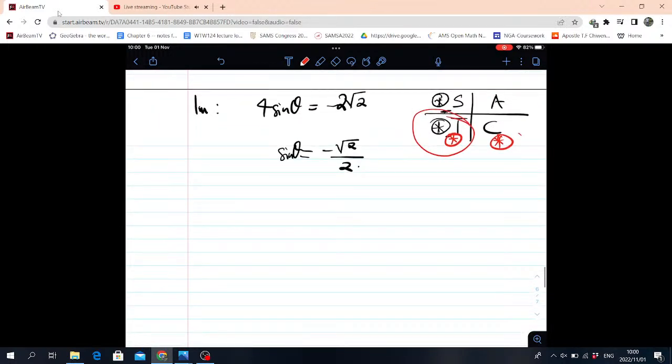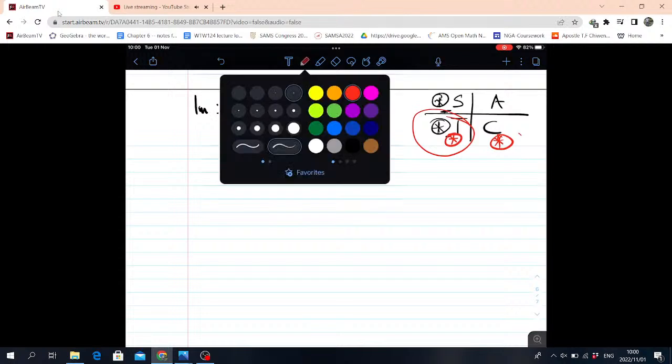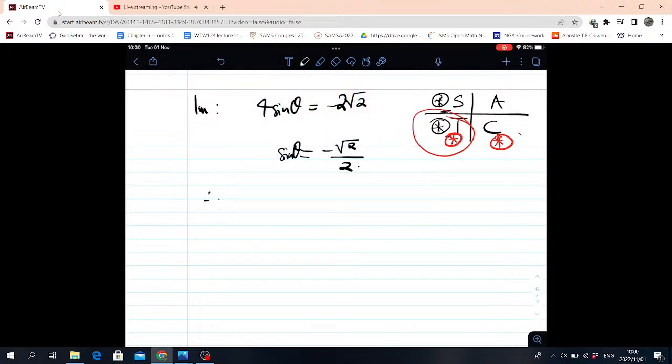Once we know that, we can say, therefore, theta has to be minus 3 pi over 4. That is our principal argument, and you can see that it's between minus pi and pi, so we are set.